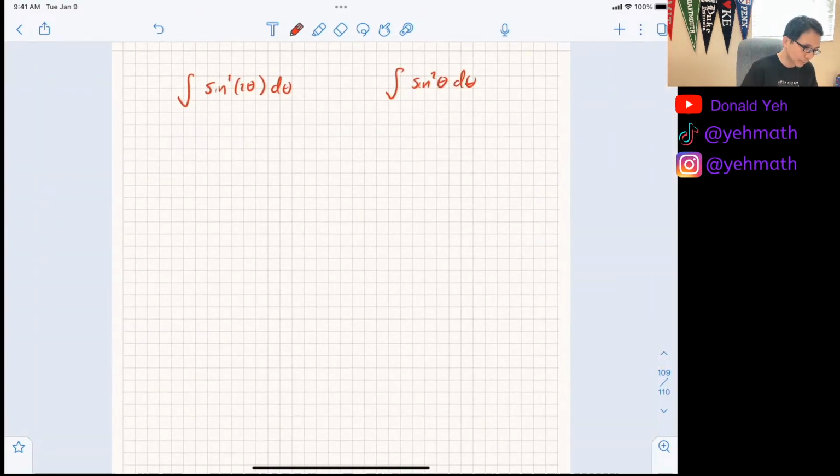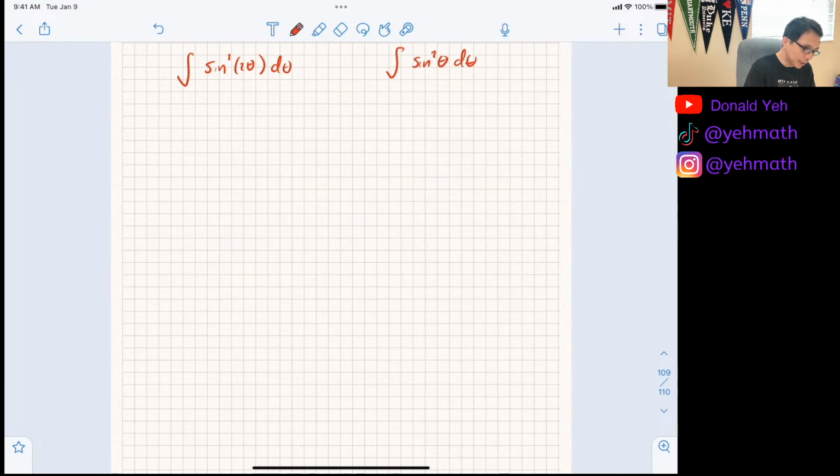Okay, so I'm gonna show you where the double angle identity comes in. Do you guys remember that cosine squared theta minus sine squared theta is equal to cosine of 2 theta?